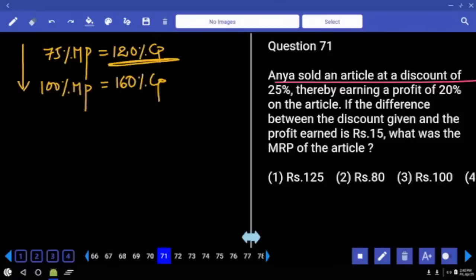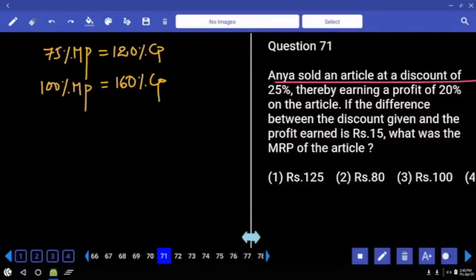What is this 120% of cost price called? That is not a profit. That is selling price. When you are selling it at 20% profit, that will be equal to 120% of cost price. What is this called? Look next to it, market price.